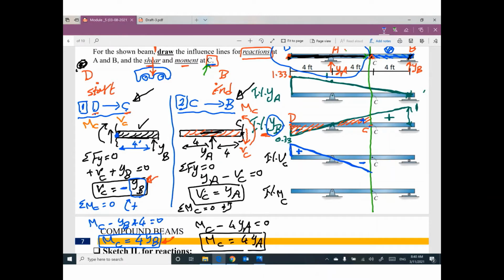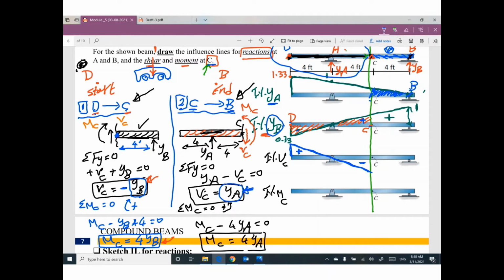One more time. From C to B, we are looking for YA. Here is YA. From C to B, you are talking about this little triangle. Can you use this triangle without any multiplication? Because we don't have negative, we have positive YA.